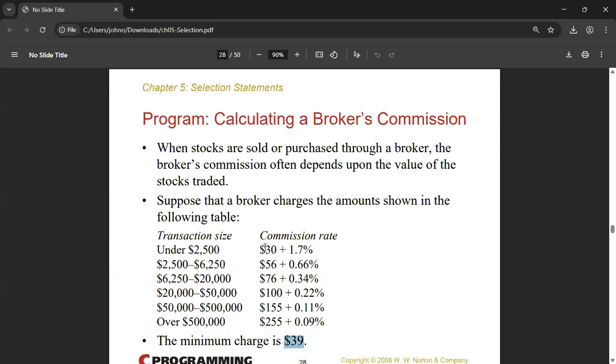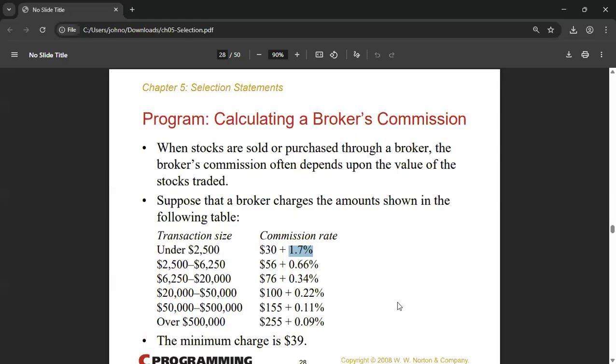So if somebody bought, let's say, $1,000, that would incur $30 plus 1.7% of $1,000.